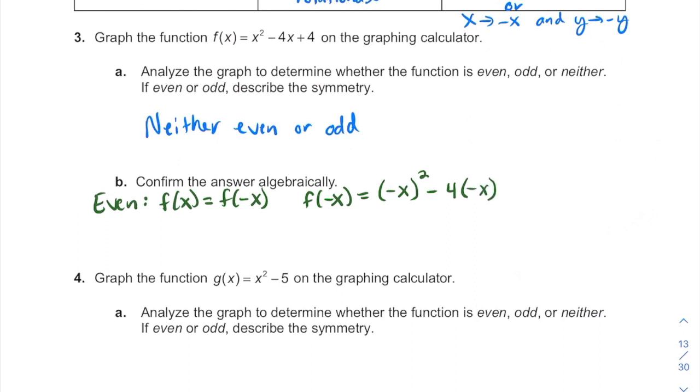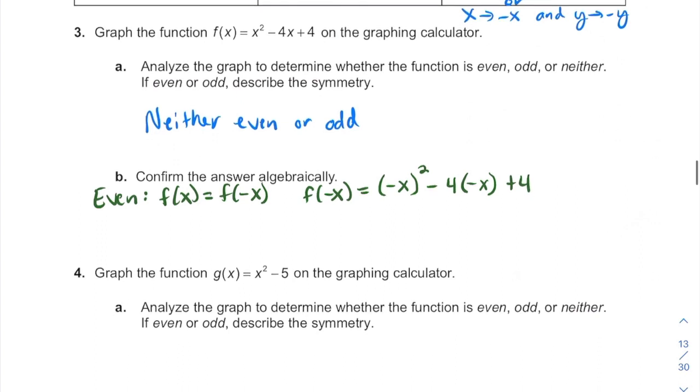I'm putting a negative inside the function. Then negative x squared becomes positive. Then negative 4x times negative x becomes a plus 4x, and then plus 4. Is it an exact match with our original equation? No, this does not equal f of x, which means it is not even.